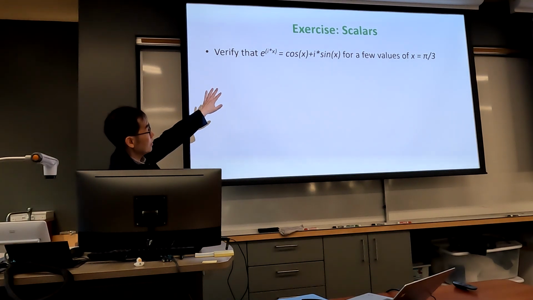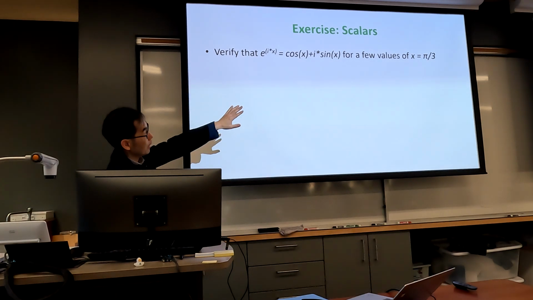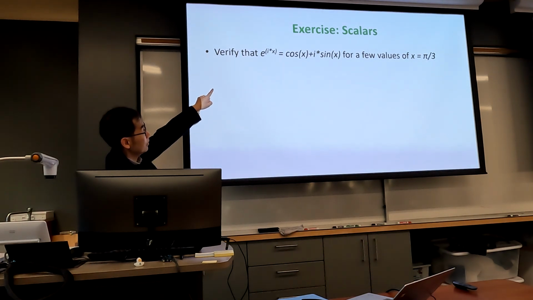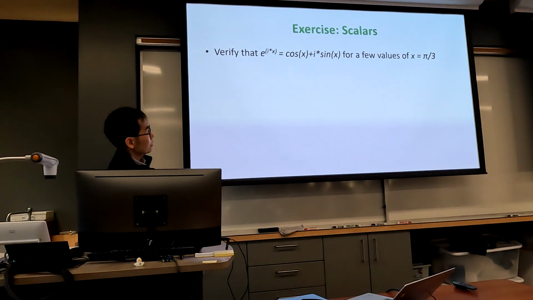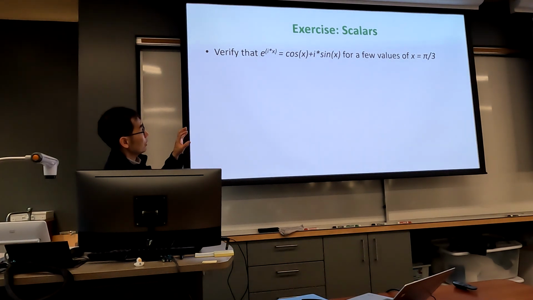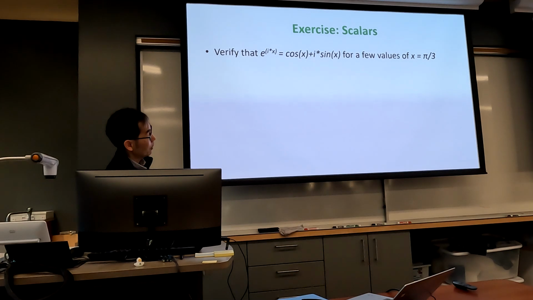Try to get the answer by plugging the x value into the left side, exponential of i times x, and the right side, cosine x plus i times sine x. Then verify in your program that the left side equals the right side.